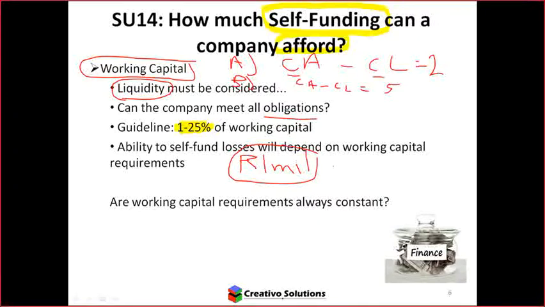Okay, what is 25% of R1,000,000? 250,000. What's 1% of R1,000,000? 10,000. Yes. So as a guide, a company should be looking between 10,000 and 250,000 Rand worth of loss that they should be willing to self-fund, because their liquidity would be able to provide for it.